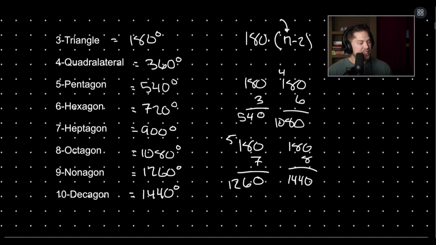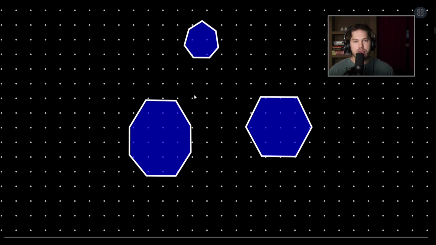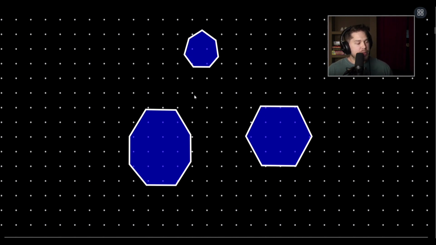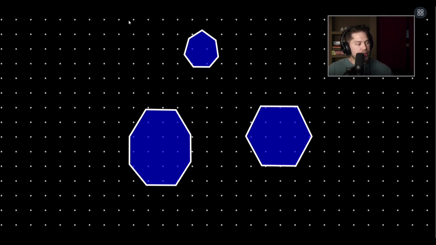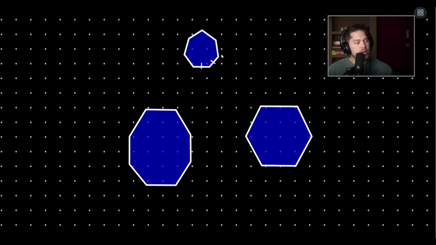Okay. Excellent. So next, here I already have some shapes drawn. I did my best to make them regular polygons. Again, regular polygons is where all the sides are the same length and all the angle measures on the inside are equal. Okay?